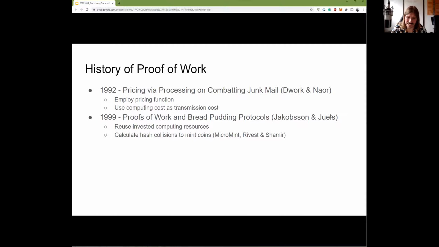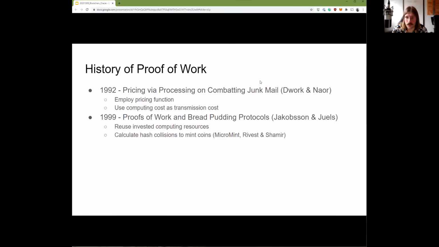And then in 99 we had the first paper that uses proof of work even as a word: Proof of Work and Bread Pudding Protocols by Jakobsson and Juels. It adds on top of this concept by thinking, okay, maybe this pricing function could be something useful we can reuse for something. And what they want to reuse it for is finding hash collisions.